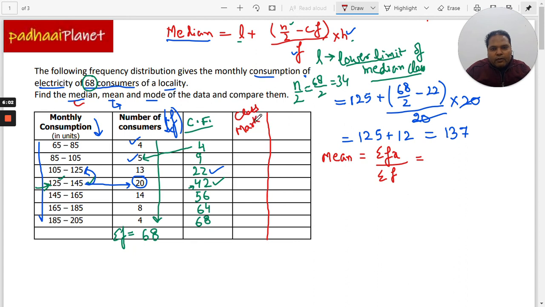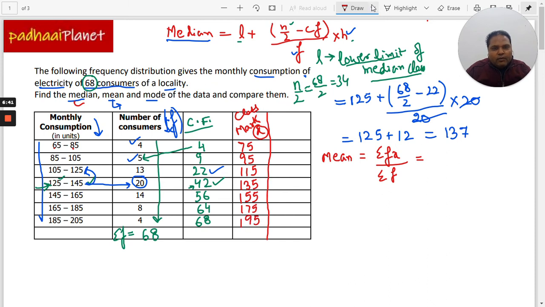To find that, simply add the lower limit and the upper limit, and then divide by 2. So what we get here is 75, then 95, 115, 135, 155, 175, and then 195.